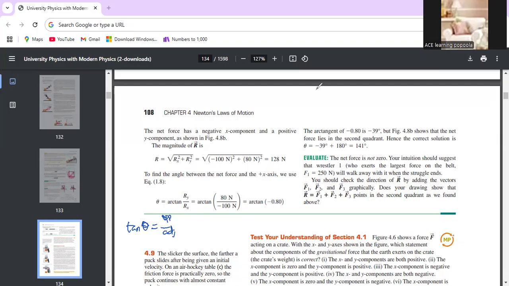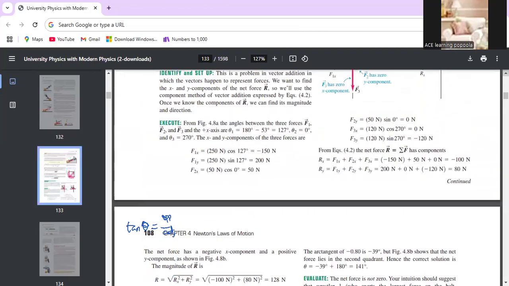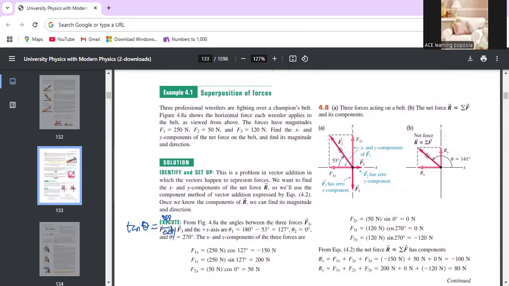So if I scroll back up to the question, to the diagram, I mean, we can see that here, using this, our opposite is Ry, and the adjacent is Rx.